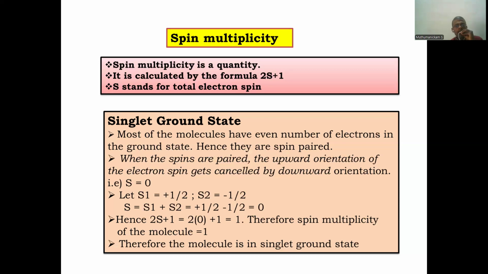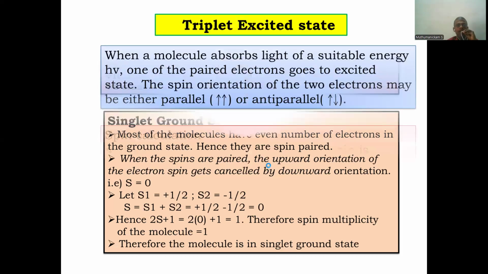Next, we calculate the spin multiplicity, 2S plus 1. Substituting the value of S, which is 0, 2S plus 1 is equal to 1. When the spin multiplicity value is 1, the molecule is in the singlet ground state.